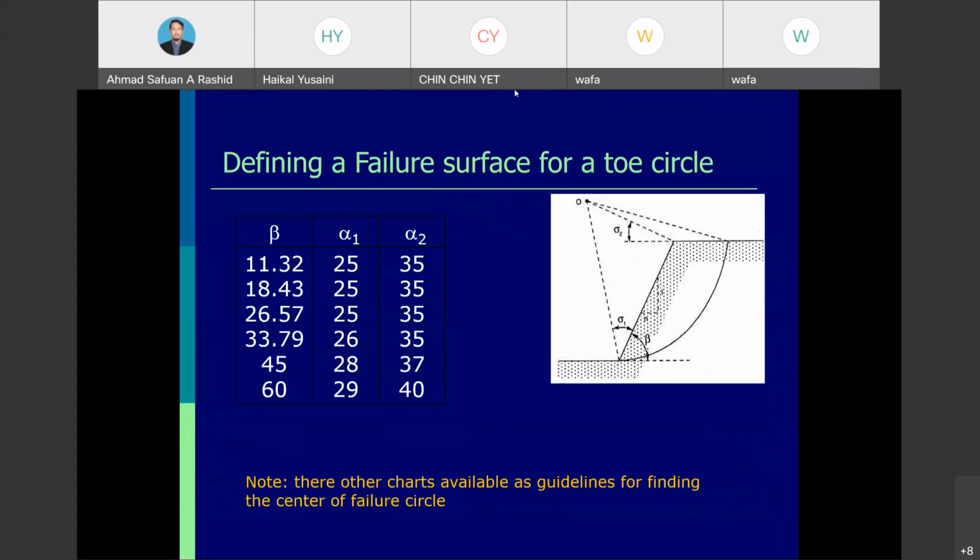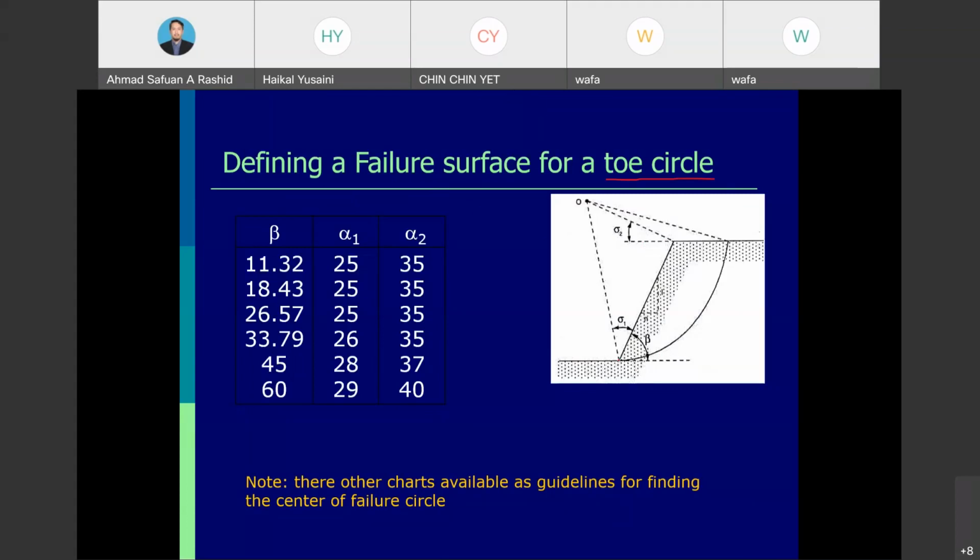So this is an example of how to determine the point of origin by using the toe circle failure type. There will actually be three types of failure. Toe, where the failure starts at the toe.